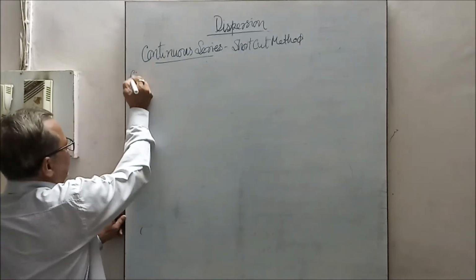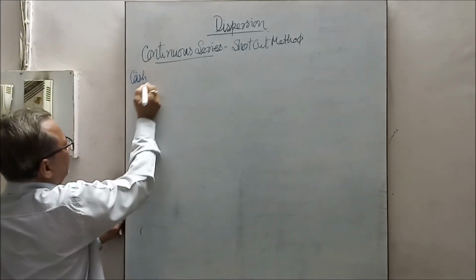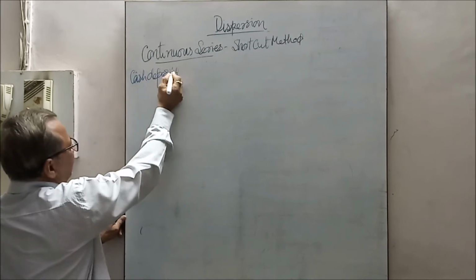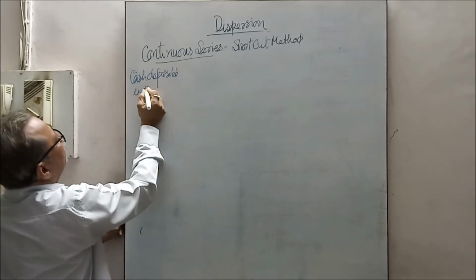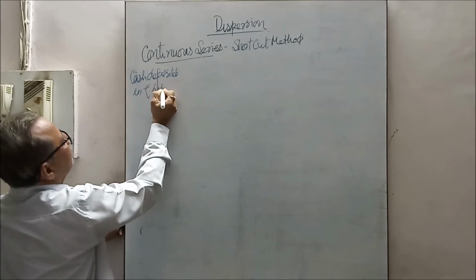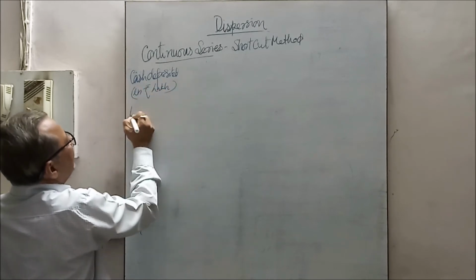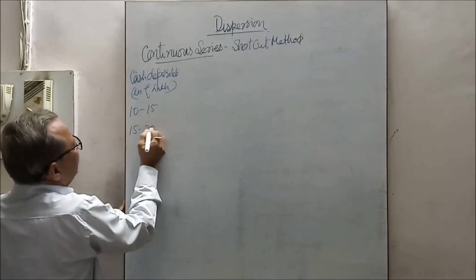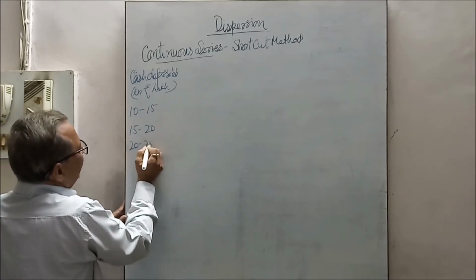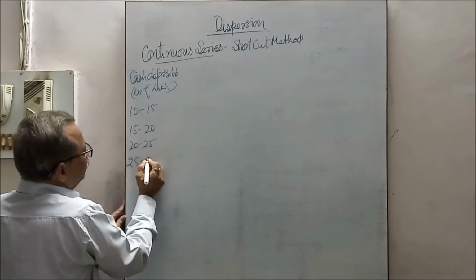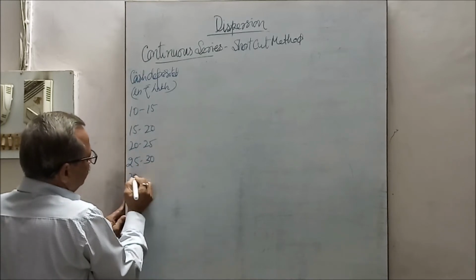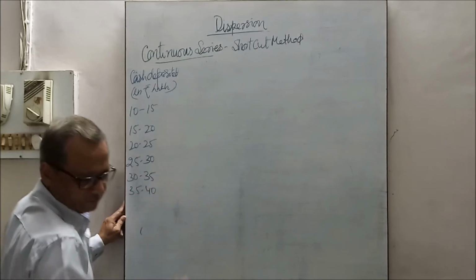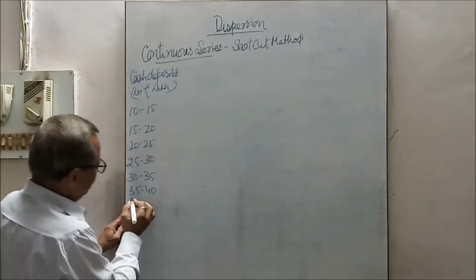Cash deposited in rupee lakh, that is 10 to 15, 15 to 20, 20 to 25, 25 to 30, 30 to 35, 35 to 40, and 40 to 45.